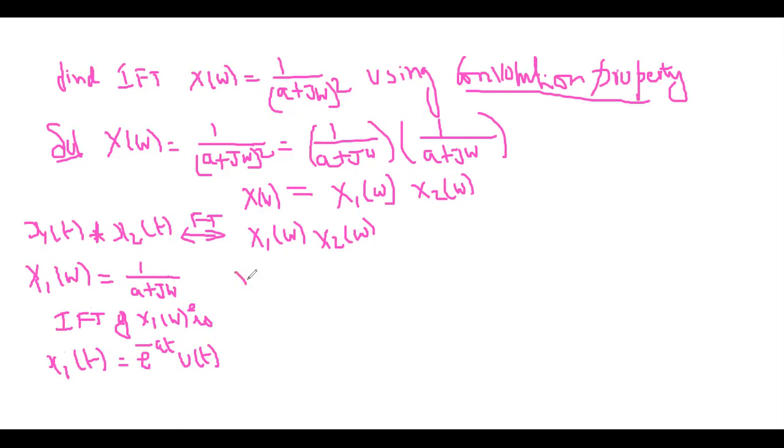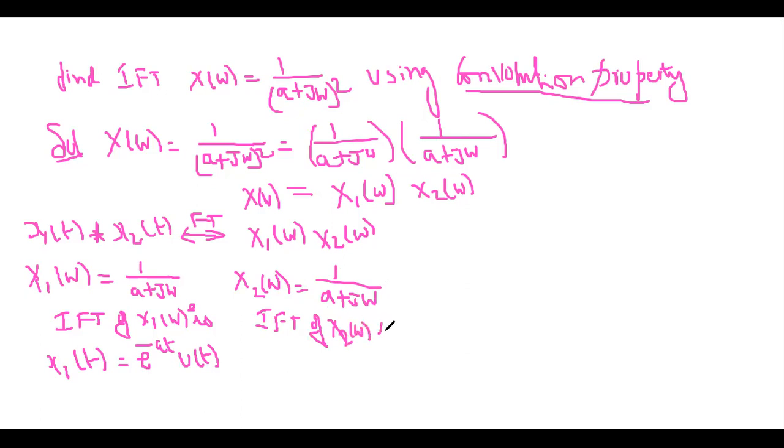Similarly, for x2 of omega also, what is the x2 of omega? The same thing, 1 by a plus j omega. What is the inverse Fourier transformation of x2 of omega?